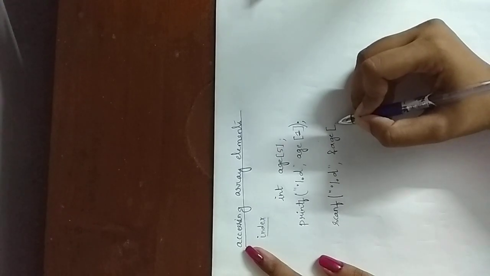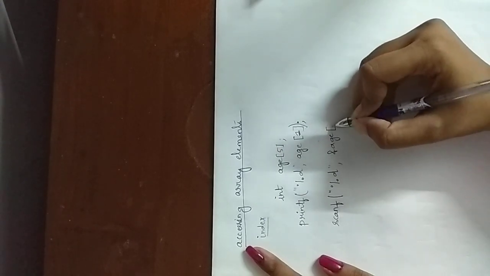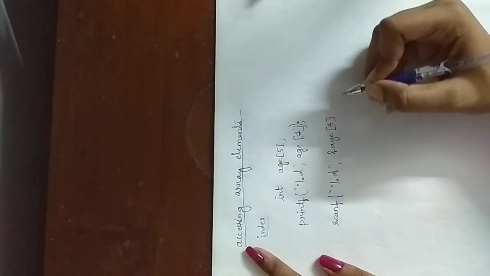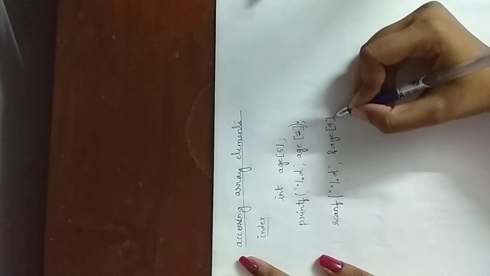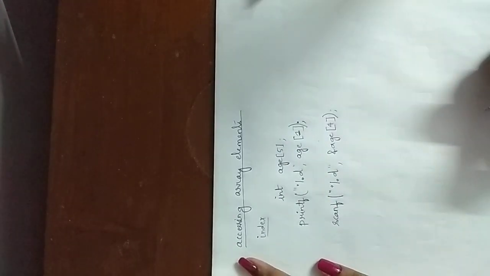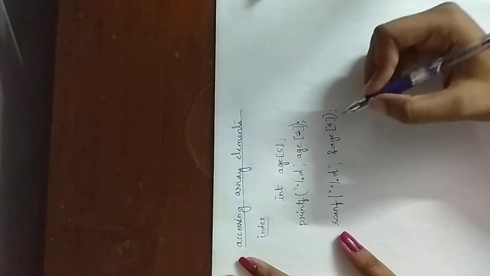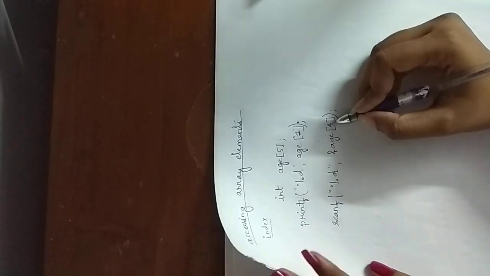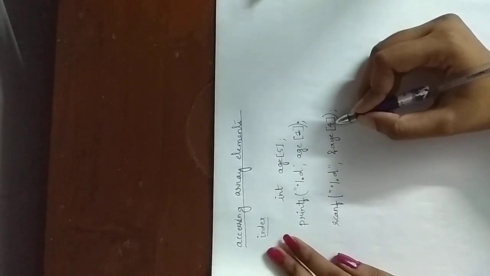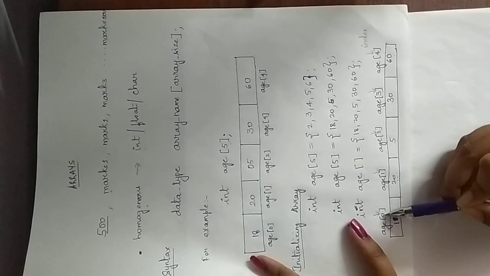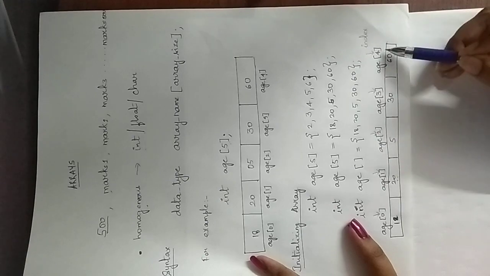Say we want to insert at index 4, which is the 5th position. We are going to write 4 in the array index slot, and this is how we will end the scanf statement. Which means the element will be stored at the 4th index, which is actually position 5 in the given array, because the 4th index is actually position 5 since it starts from 0. So it is 0, 1, 2, 3 and 4.